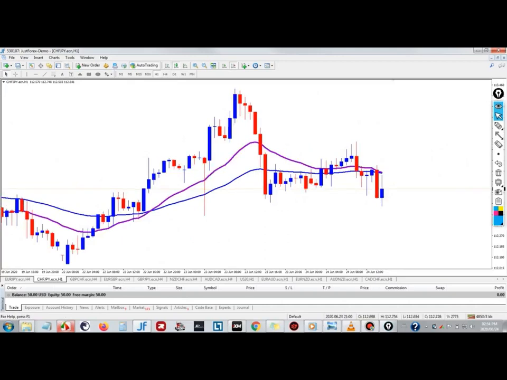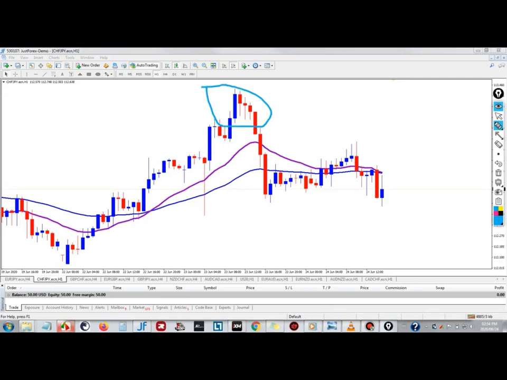But if I use this one, it's starting to cross now, meaning if I wait for this candle to close, I can actually take this trade because there's been a recent strong rejection of higher prices.